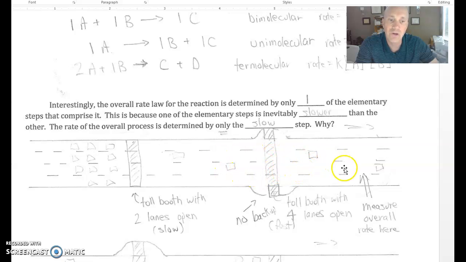So when you measured the overall rate, what you would see is that the overall amount of cars that you see in this part of the highway right here is determined only by how fast they make it through that first toll booth. So that first step controls the rate of the thing at the very end.